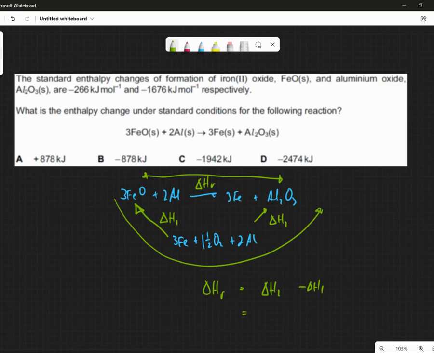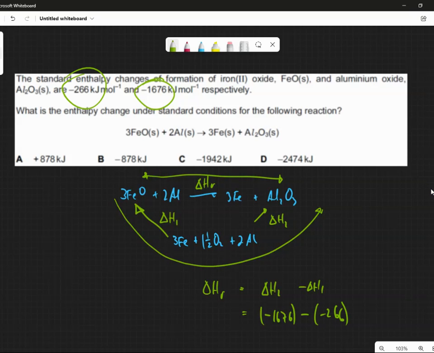Delta H2 is the formation of the aluminium oxide, so it's minus 1676, minus whatever delta H1 is. Delta H1, I think, is minus 266. So I'm adding 266 to that.